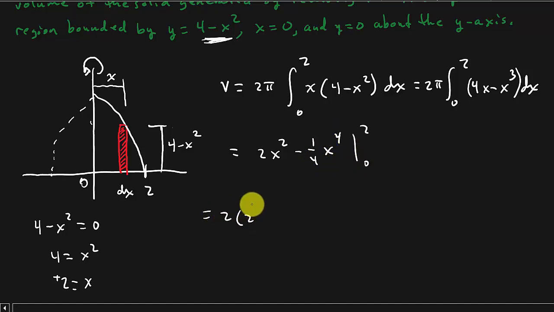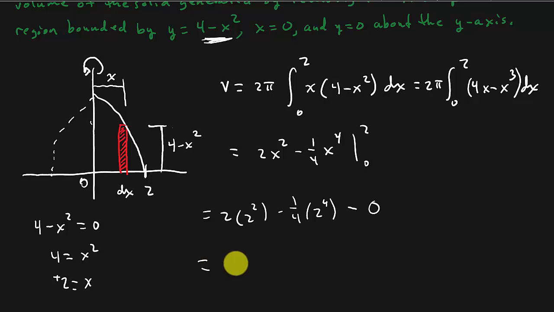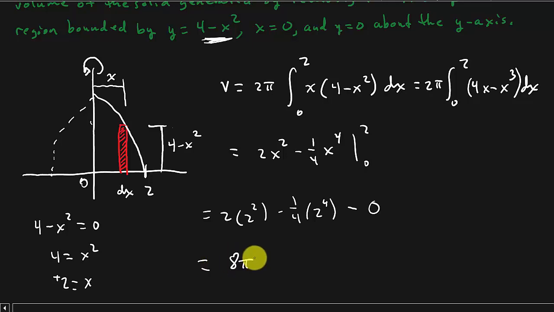Which is going to be 2 times 2 squared minus 1/4 times 2 to the 4th minus, now remember what I've told you in other videos, I'm plugging 0 in. What's that? 0 minus 0, that's just all 0 if I plug the 0 in. And so when I calculate that, that is going to give me 8 pi as an answer.